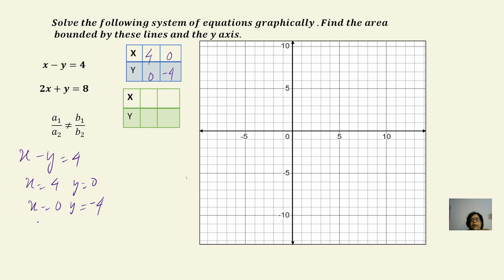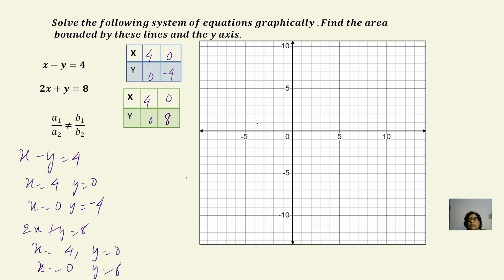For the second one, I take the equation 2x plus y is equal to 8. When y is 0, x is 4. And when x is 0, y is 8. So the points are 0, 8 and 4, 0.